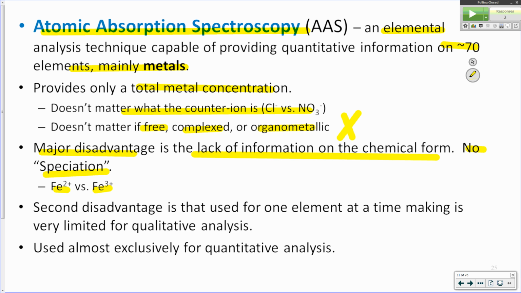The second disadvantage is that you do one element at a time. So if you're trying to find out what's in a sample for qualitative analysis, it's not an ideal technique. It's used more for quantitative analysis. So the almost exclusive use for it is you know what you're looking for, you take that individual sample and you analyze for that element.